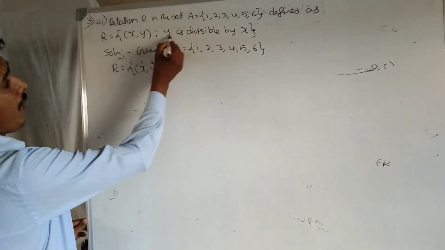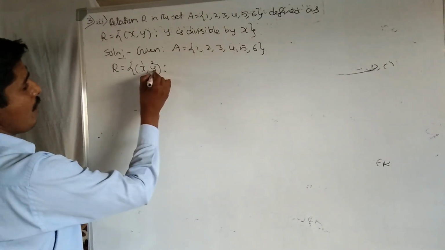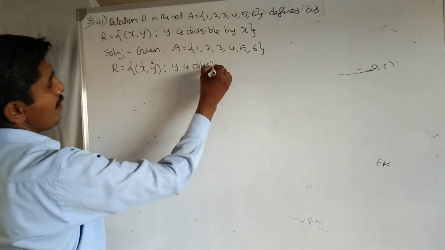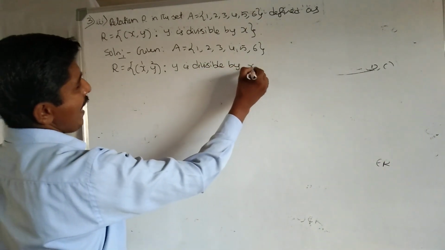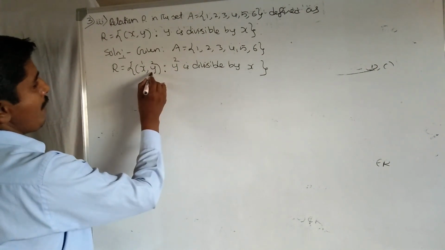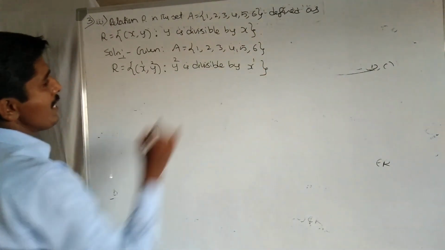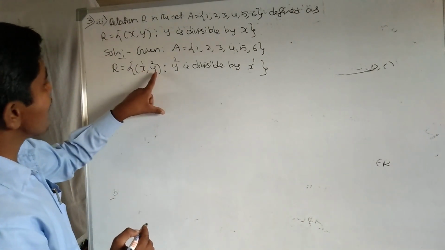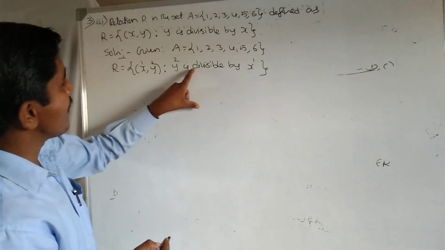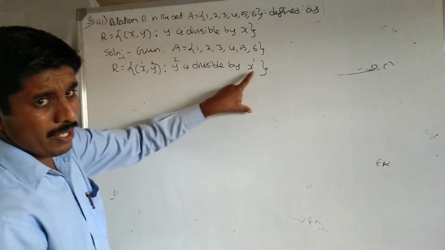Here y is divisible by x. Here y is divisible by x, which means the second element is divisible by the first element. Very important.